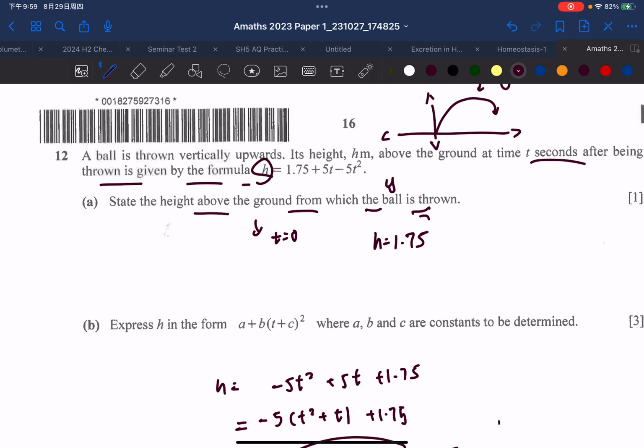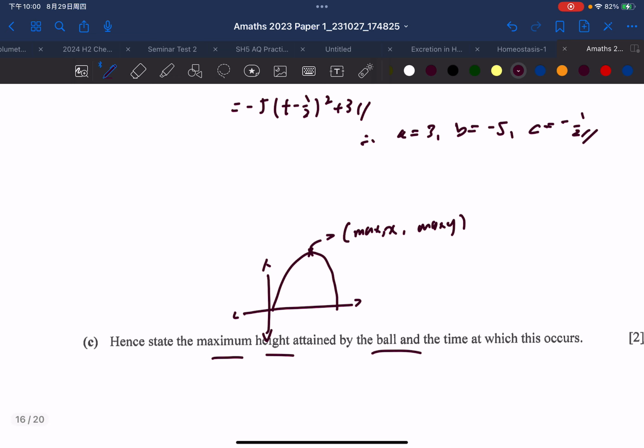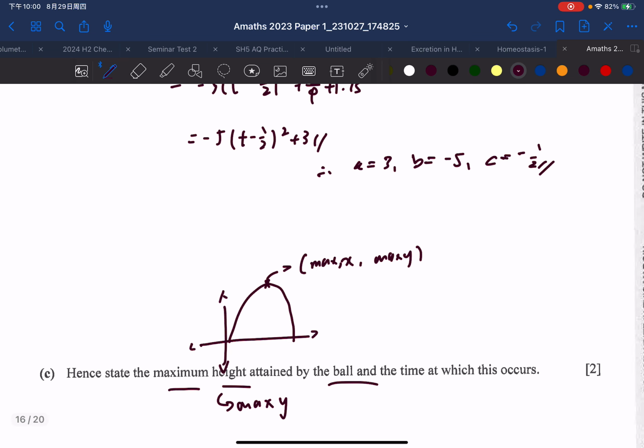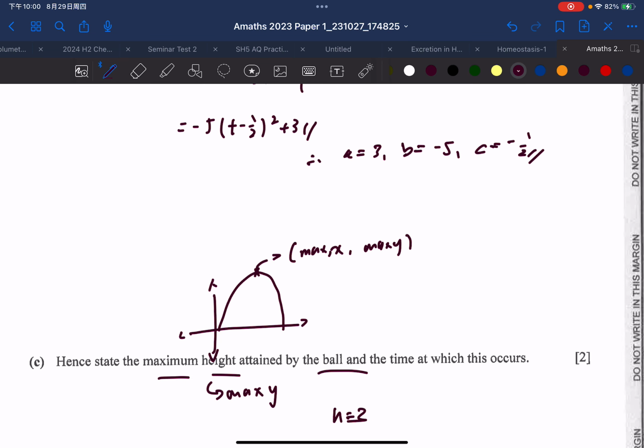If usually you have this, right? Y is equals to ax squared plus bx plus c. So you compare, you realize that y is your h, which is your height. Your x-axis is your t. So they say maximum height means your maximum y. So you got the completed square, maximum y is basically just the 3.